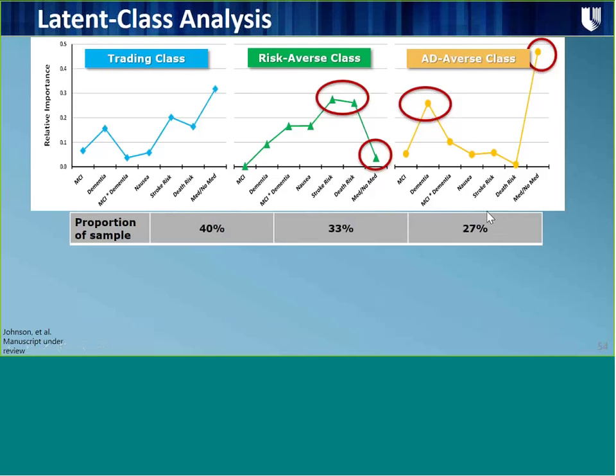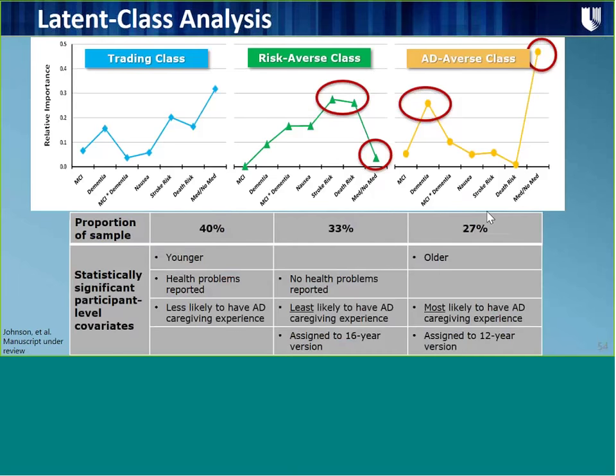Okay. So this is another example where it's actually a continuation of some of the AD work that Reed has been doing, where they applied latent class analysis to generate distinct groups within their sample. And what they found was that there were 3 distinct classes with clinically meaningful characteristics.